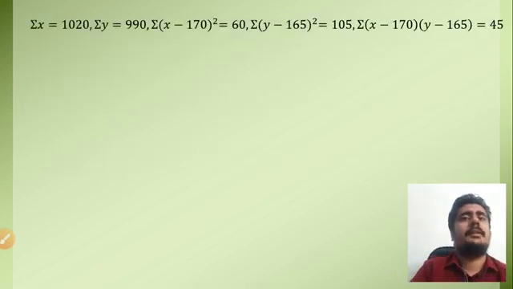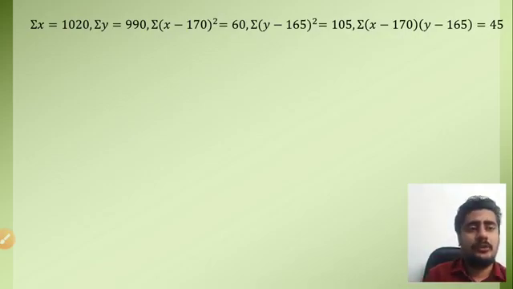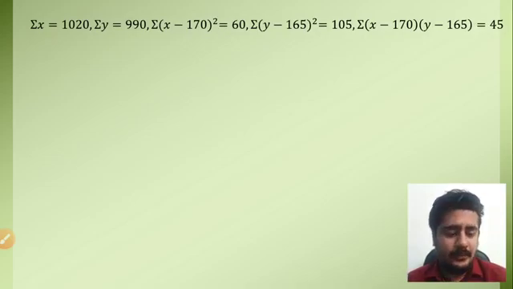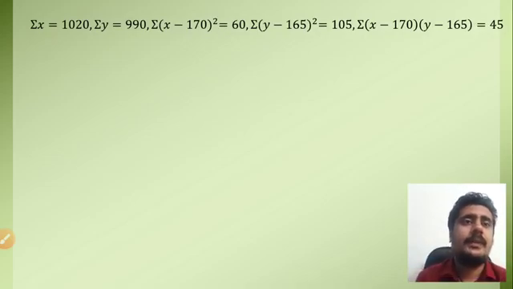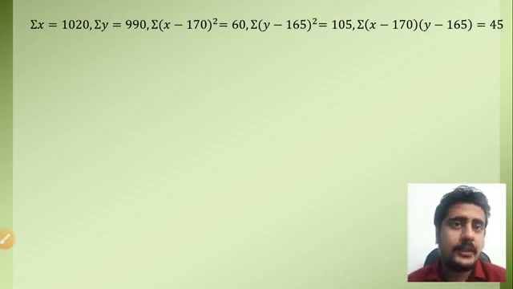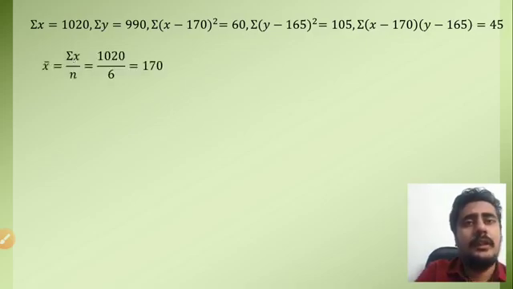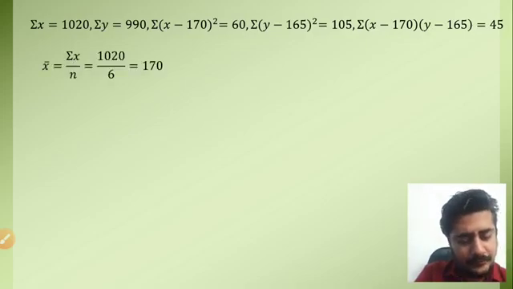The information looks like this: sigma x is 1020. You are writing with me, so I am narrating slowly. Sigma x is 1020, sigma y is 990, sigma (x minus 170) square is 60, sigma (y minus 165) square is 105, sigma (x minus 170)(y minus 165) is 45. So first of all we will find x bar.